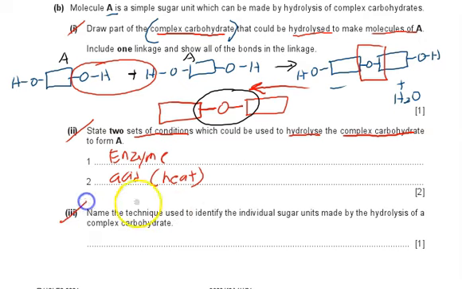Now name the technique used to identify the individual sugar units made by the hydrolysis of a complex carbohydrate. So you can say the technique is chromatography, because anything to do with food molecules, we need to go through chromatography.